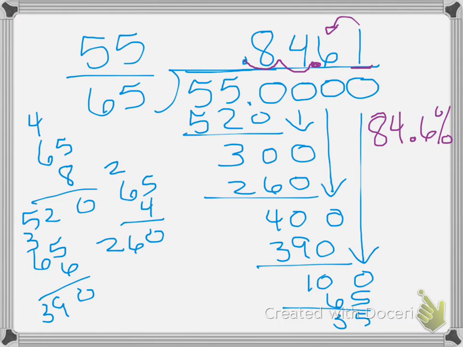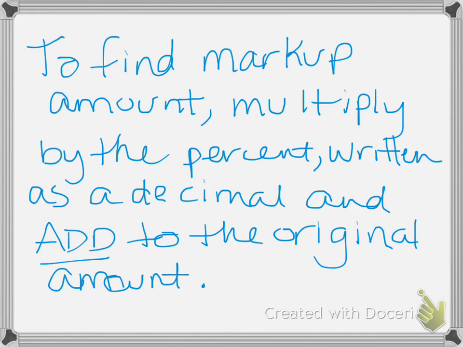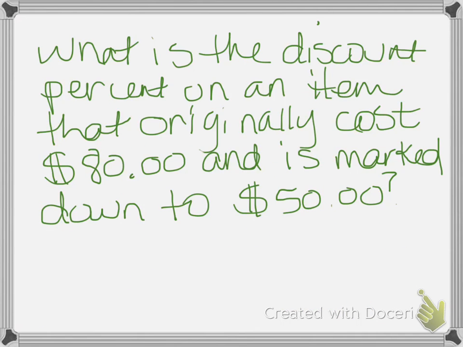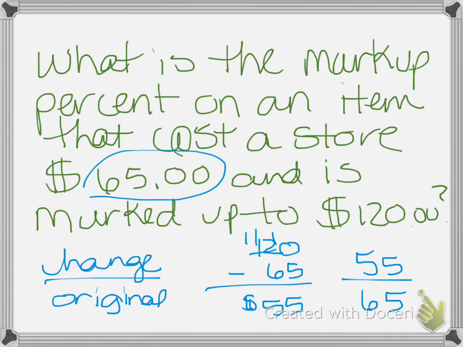Again, if you have one that doesn't work out evenly, add 4 zeros, stop after you do the last 0, and round that last place to the second place. And you will write it as a tenth of a percent like this. Alright, so let's do another example. So it was marked up 84.6%. And that was for that problem.